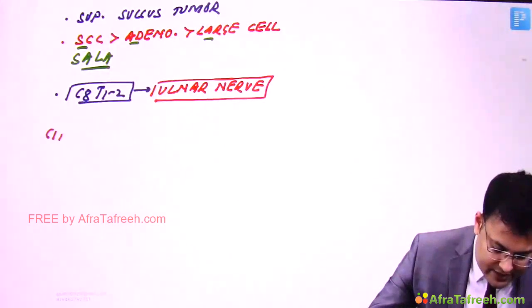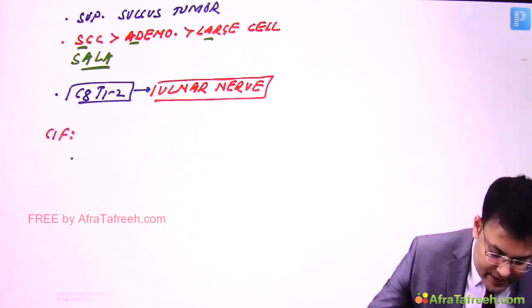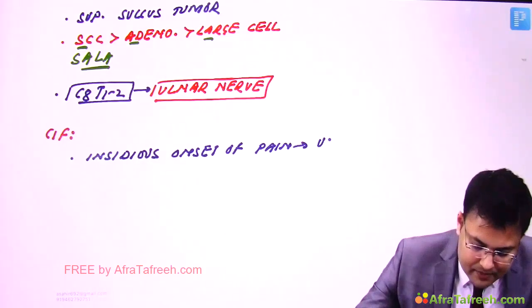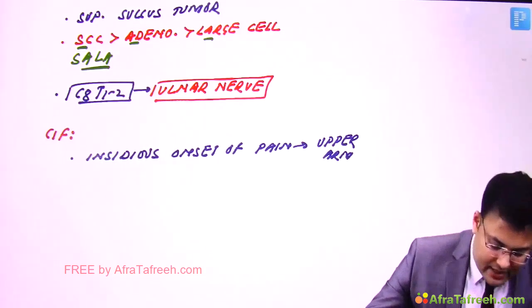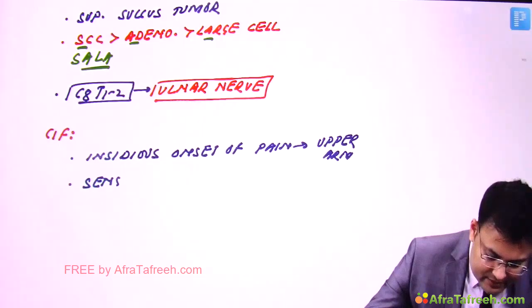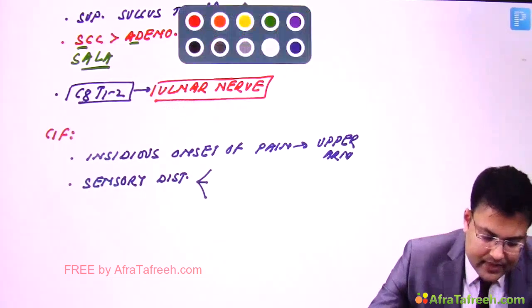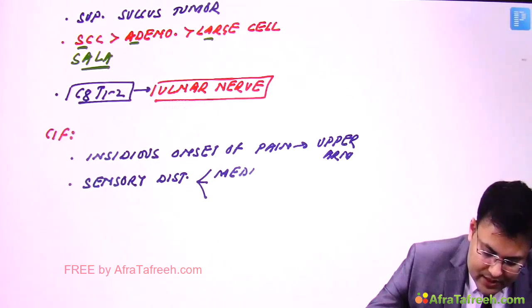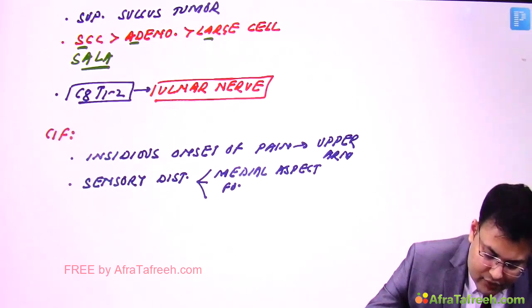So what are the manifestations? Initially there is insidious onset of pain, and generally it starts in the upper arm. After that these patients have sensory disturbances, exactly on the medial aspect of forearm and hand.